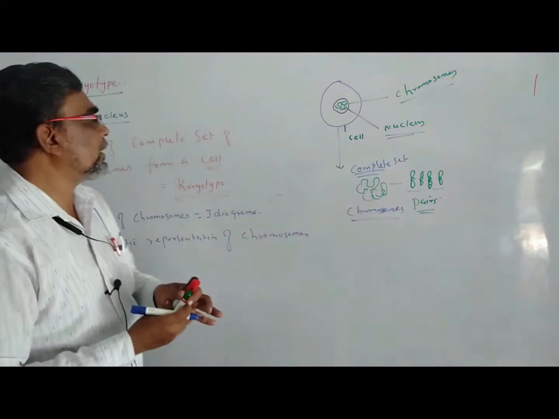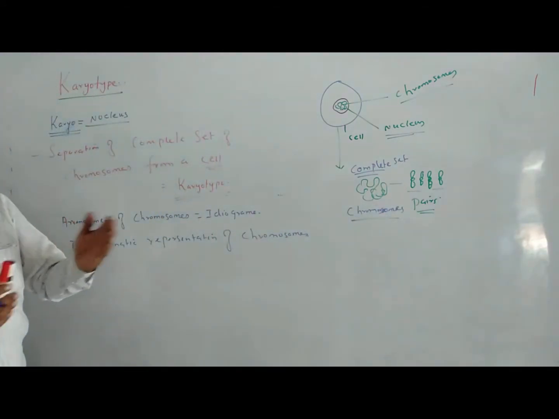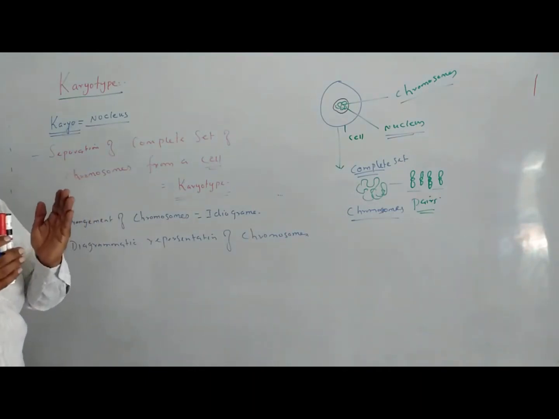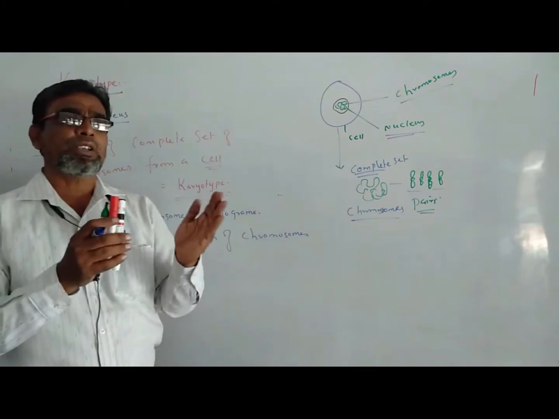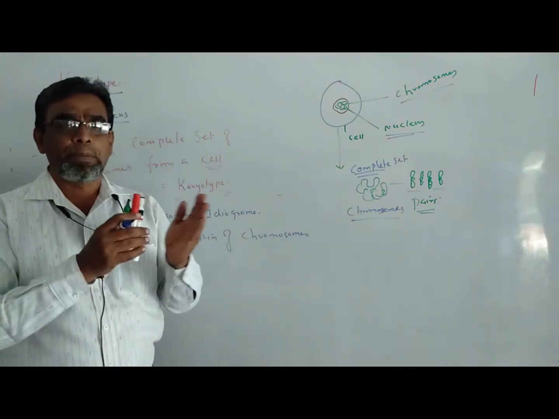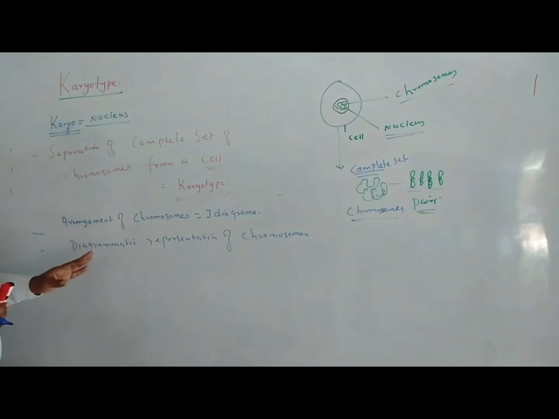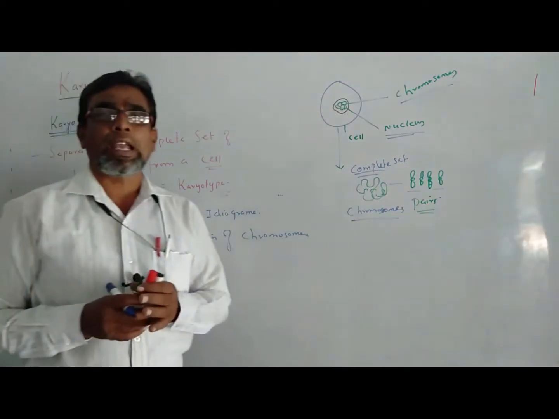That is called karyotype. Then after separation, we arrange the chromosomes according to their size, structure and shape. This arrangement in pairs is called ideogram, or simply the diagrammatic representation of chromosomes, called karyotype.